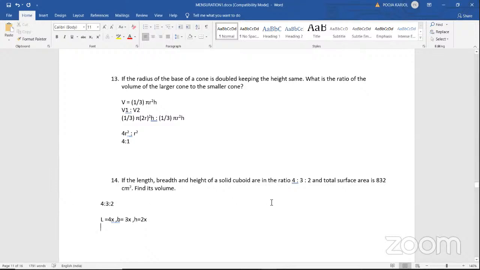Now, the total surface area is 832 centimeter square. Find its volume. To find volume, we need the actual numbers L, B, and H. What is the information given? TSA. What is the formula for TSA of a cuboid?